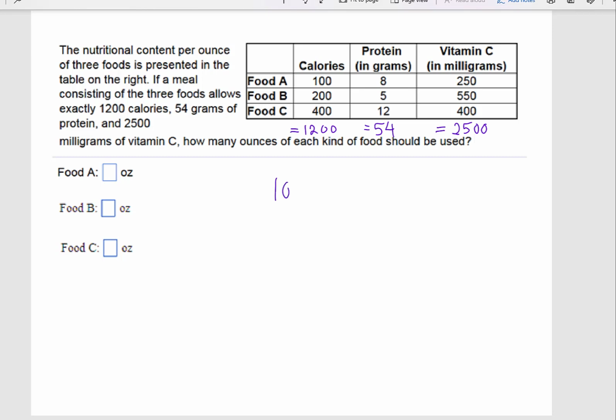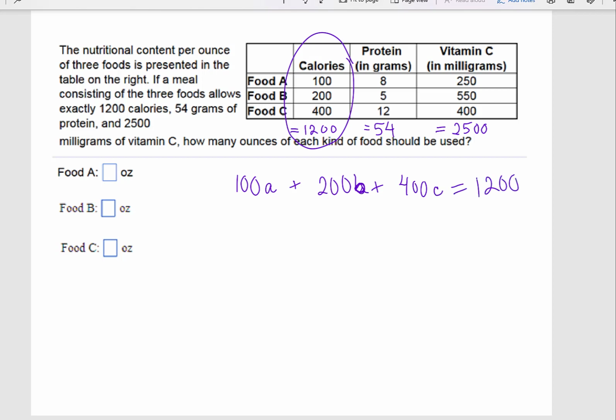Well, instead of setting it up like this, which a lot of people will try to do, in your matrix you're actually going to rearrange this a bit. So this is my first row. Food A has 100 calories. Food B has 200 calories. Oops, that's supposed to be a B. Food C has 400 calories.